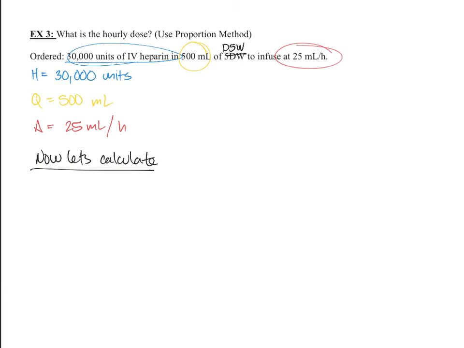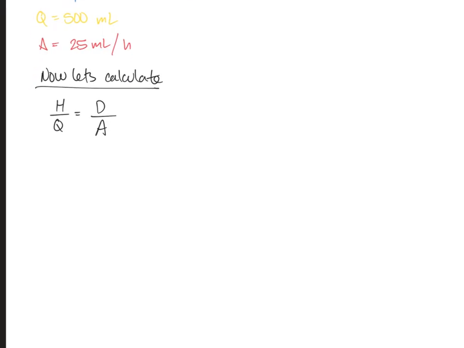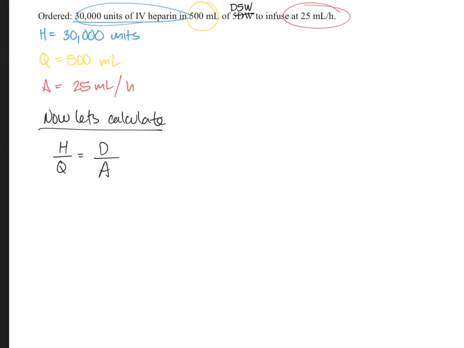Alright, so we're using the proportion method. So the proportion is H over Q equals D over A. We can go ahead and fill this out. So H is 30,000 units divided by, and what is D?